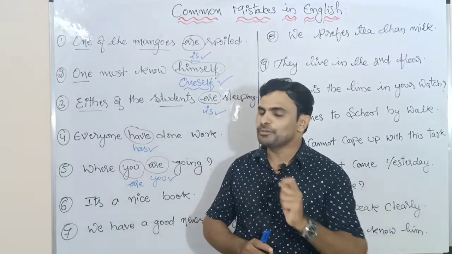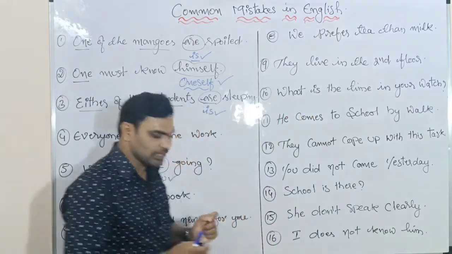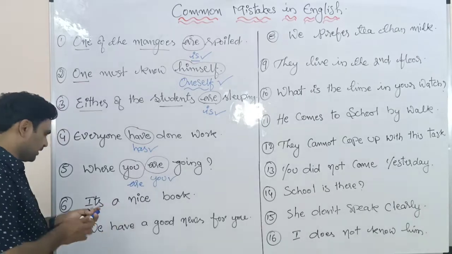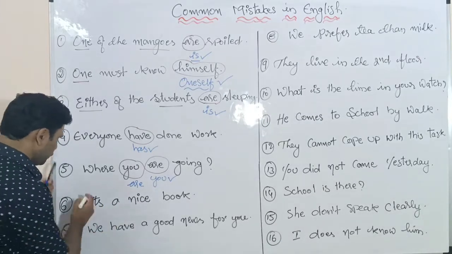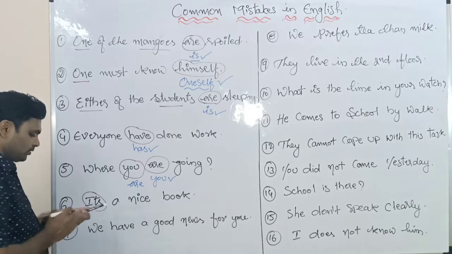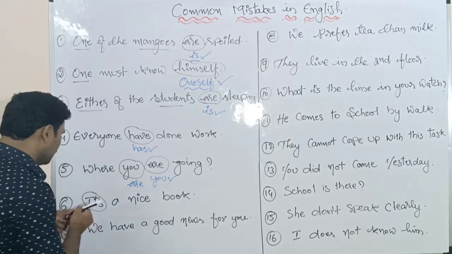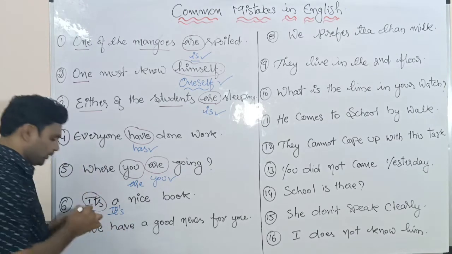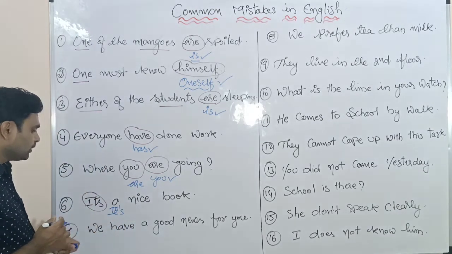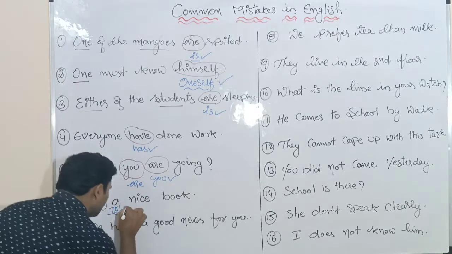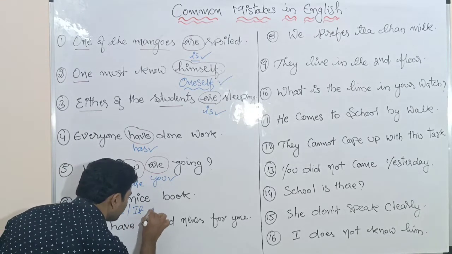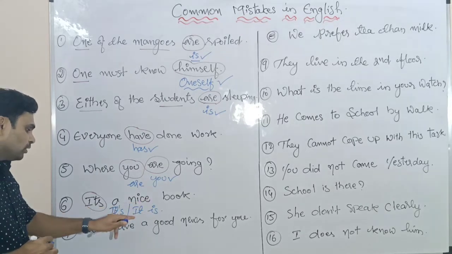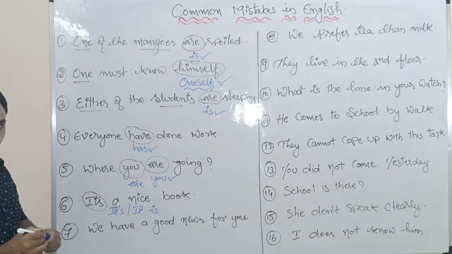When you want to say that this is a nice book, this is wrong. Okay? We have to write it very clearly in the simple format: it's, with an apostrophe, the short form of it is, or we can say clearly, it is a nice book.